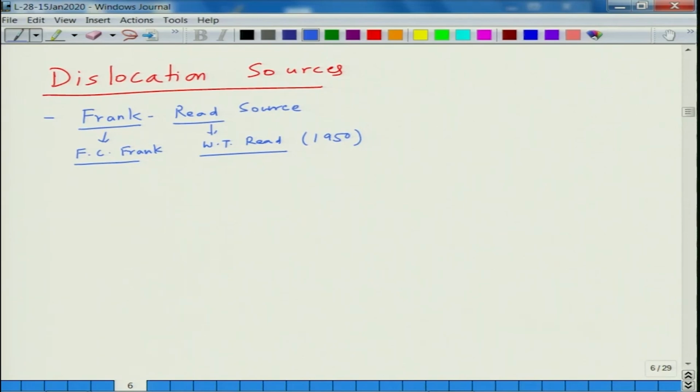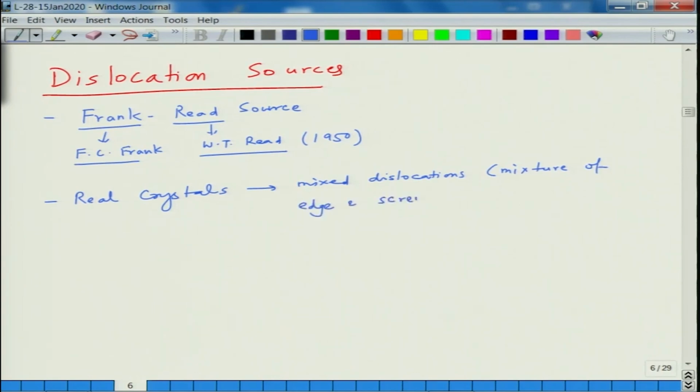So, Frank-Read sources, let us say the real crystals have mixed dislocations. They are neither completely edge nor completely screw, so we can say a mixture of edge and screw dislocation.